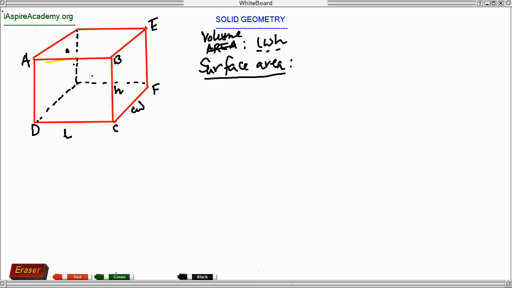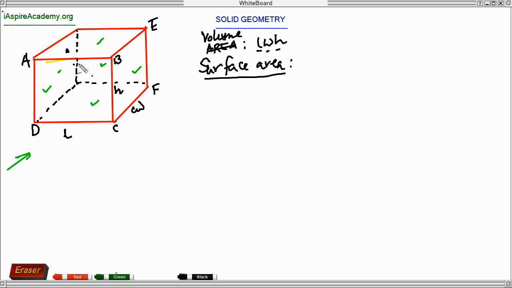Let me choose a different color, maybe green. If you look from this direction, we have one surface here, one surface here, one top and bottom. So 4 surfaces. Then we have one surface at the side, and then we have a surface at the back. So in total we have 6 surfaces.